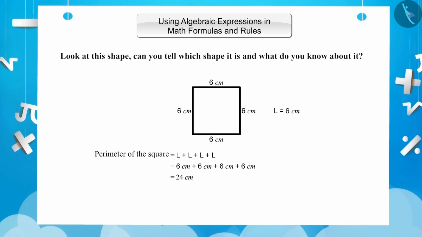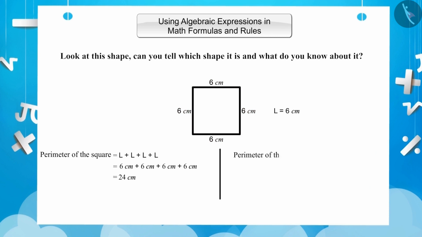We can also show this in a different way, in which we multiply the square side by 4. That is, the perimeter of the square will be 4 multiplied by L, which is equal to 4 multiplied by 6 cm, which is equal to 24 cm.